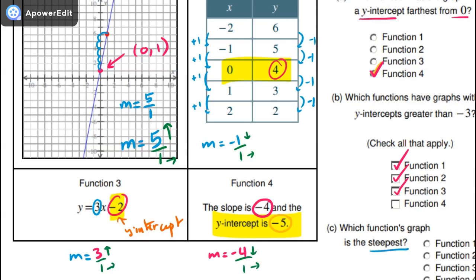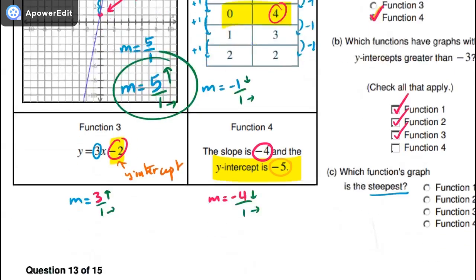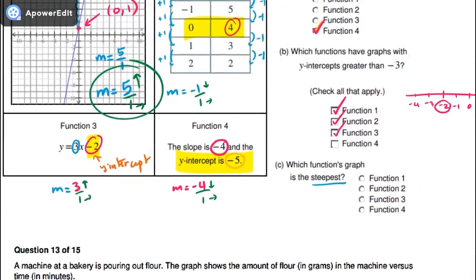So for the steepness, it doesn't matter if you go up or down. It's just how much you go up and how much you go down. So the winner in this case will be m equal to 5, because you go up 5, the most increasing in the y value, so that's the steepest. So function 1 will be the steepest graph.